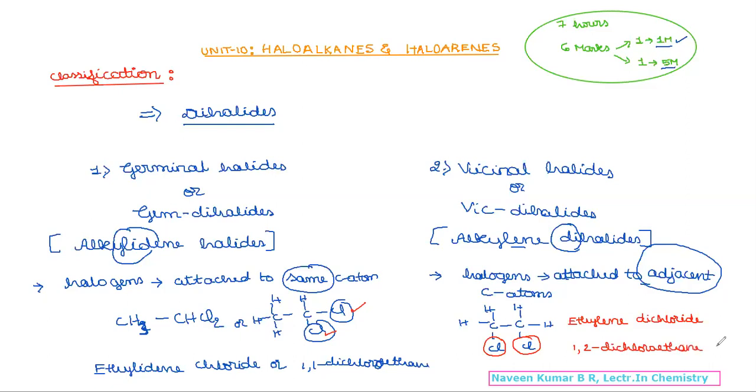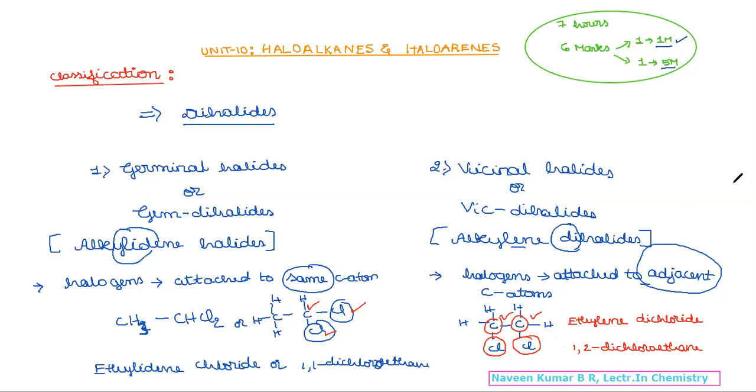So this is the nomenclature system. Hope the classification is clear. We'll recall this again. Germinal halides are those in which the two halogens are attached to the same carbon, whereas vicinal halides are those in which the two halogens are attached to adjacent carbons. If it is the same carbon, it is gem. If adjacent carbon, it is vic. Try to practice their alternate names, common names, as well as IUPAC name differences, which will be a very important 1-mark question you can expect.